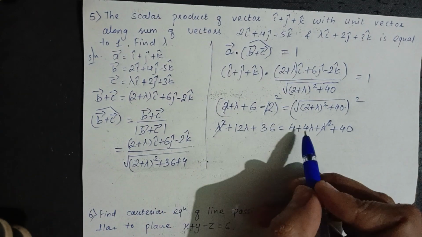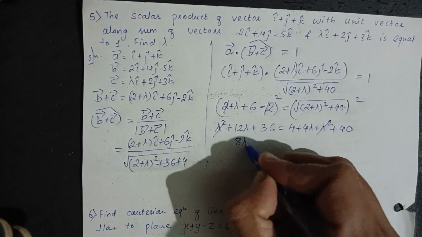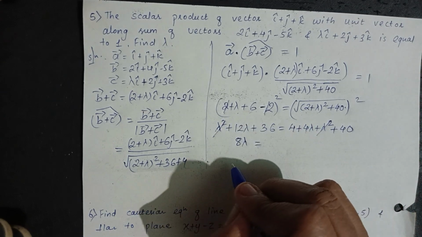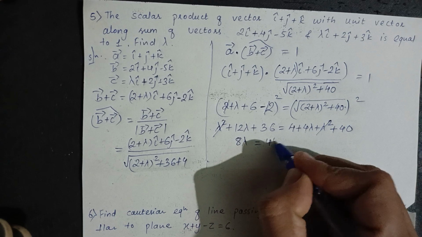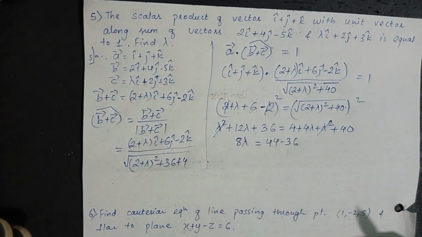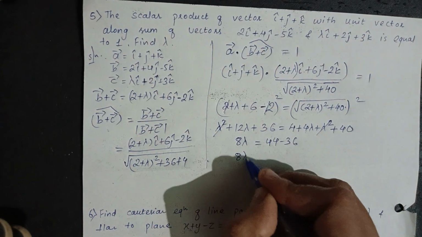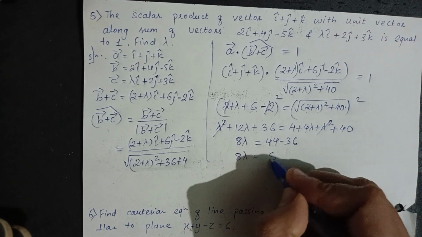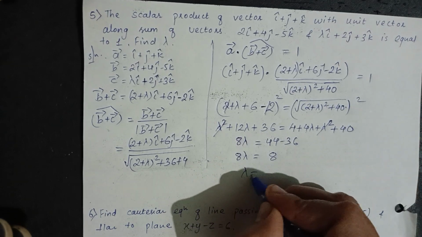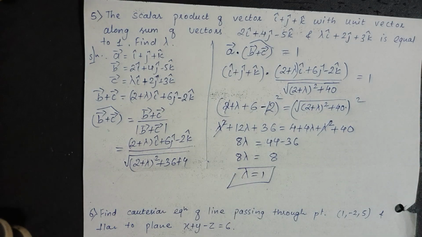So 12 lambda minus 4 lambda is 8 lambda, equals 44 minus 36, which is 8. So lambda is 1.